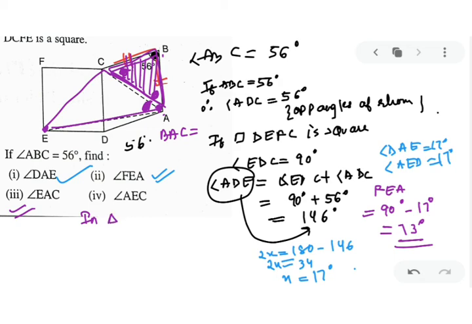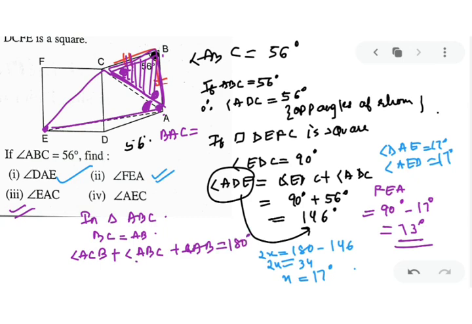In triangle ABC, BC is equal to AB, therefore it's an isosceles triangle. We can write angle ACB plus ABC plus CAB will be equal to 180.